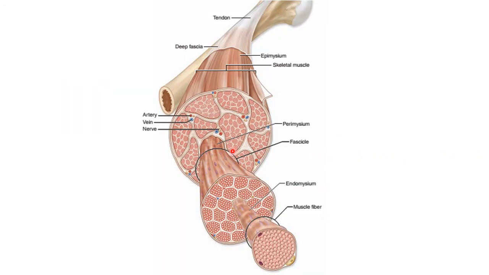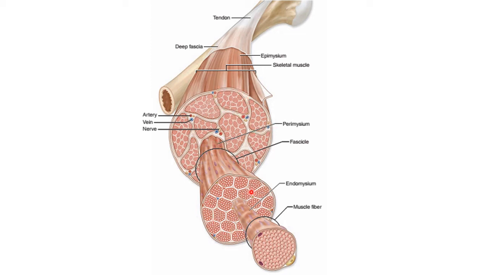Let's see in the image. As we see, this is a cross section through the muscle. We notice these rounded bundles of muscle fibers. These are called fascicles. This one is a muscle fascicle, and this is another muscle fascicle or bundle. These fascicles are surrounded by the perimysium.